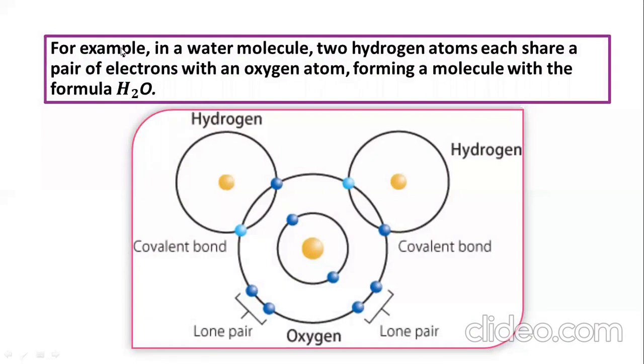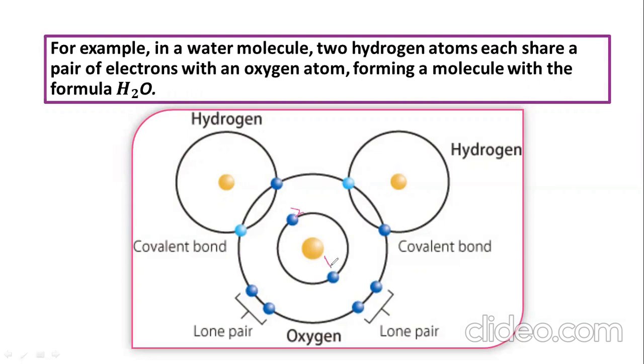For example, in a water molecule, two hydrogen atoms each share a pair of electrons with oxygen, forming a molecule with the formula H2O. In the water molecule, what is happening? First, oxygen contains how many electrons? 1, 2.